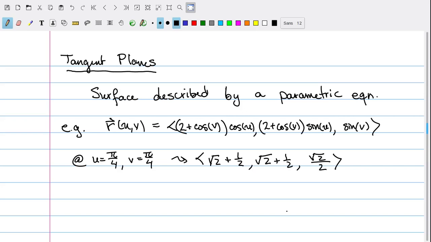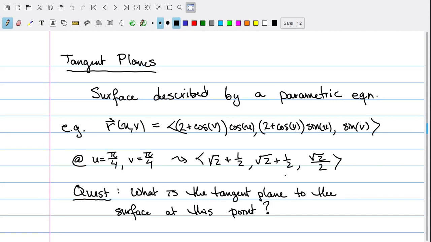So this is some point on whatever surface this parametric equation is describing. And I can ask, okay, what's the local tangent plane at that point? And it's actually really very easy to do.